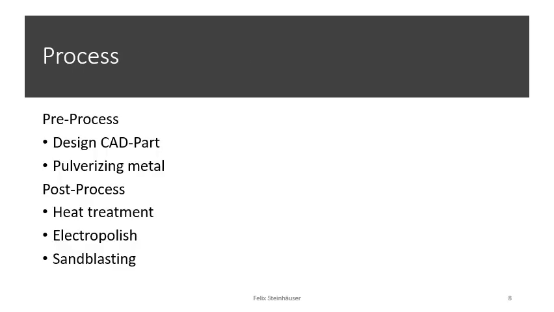Now I'm going to talk about the process around the printing. In the pre-process, you have many other things to do before you can print. One part of it is designing a CAD part, a computer-aided design part. But here are a few rules to follow.